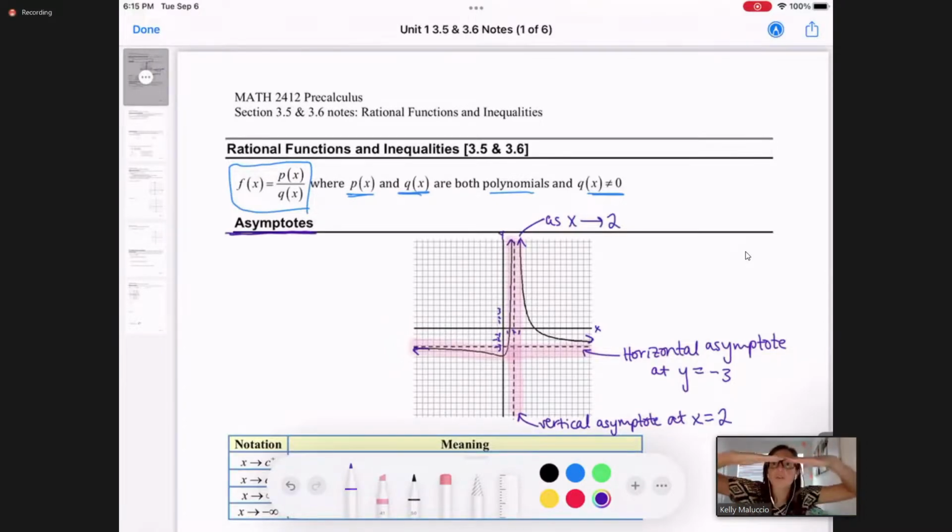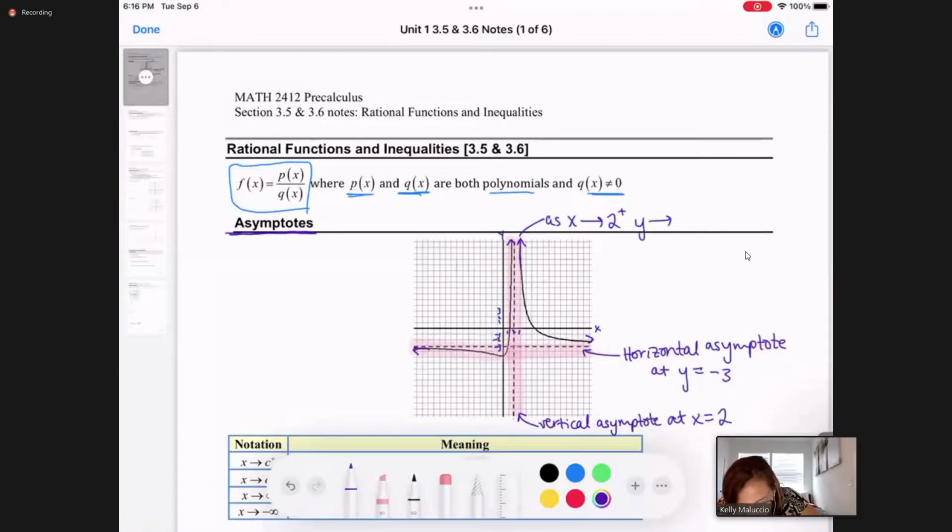We can approach the vertical asymptote from both the left-hand side and the right-hand side, right? So we're starting with the right-hand side. We write this like this: as x approaches 2 from the right, we put a little plus there.